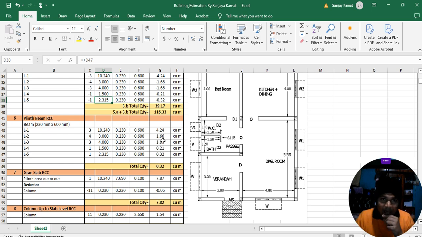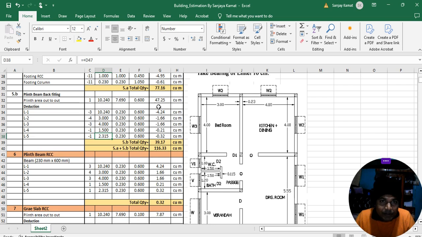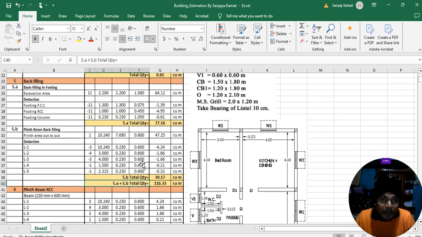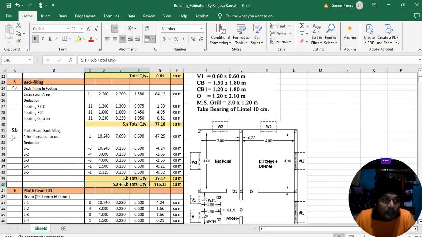Now add all these terms. If you add all these terms, how much will it come? 39.17 cubic meter. Now if you calculate 5a plus 5b: 5a is 77.16 cubic meter, and 5b is 39.17 cubic meter.